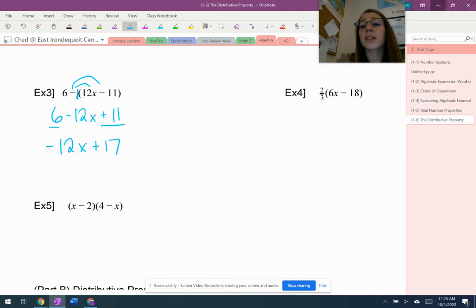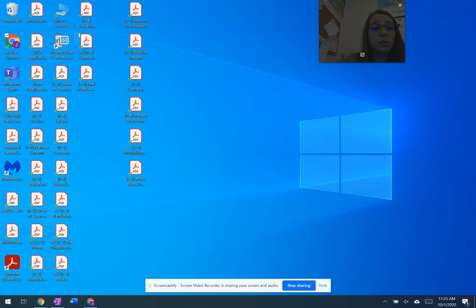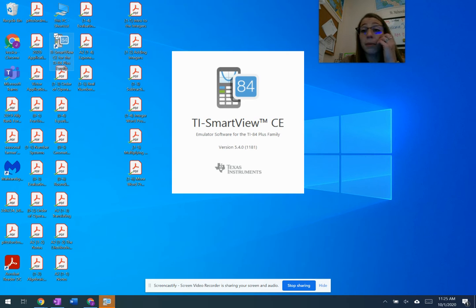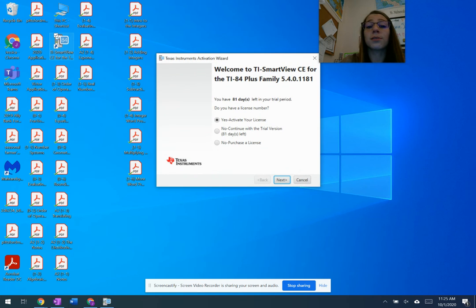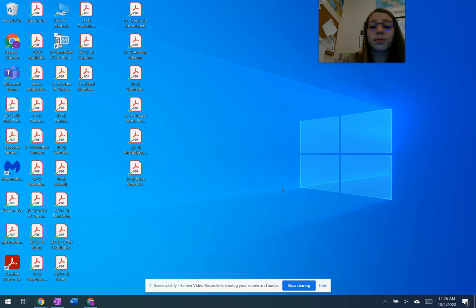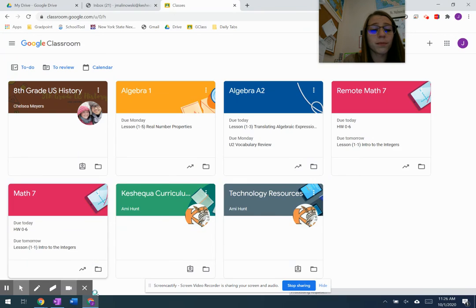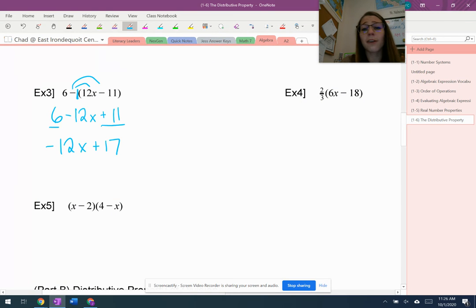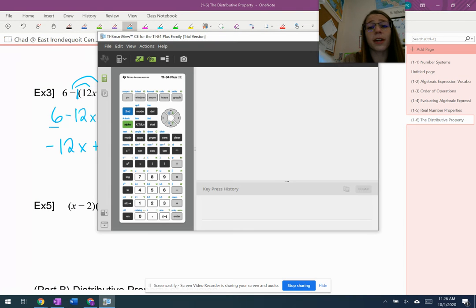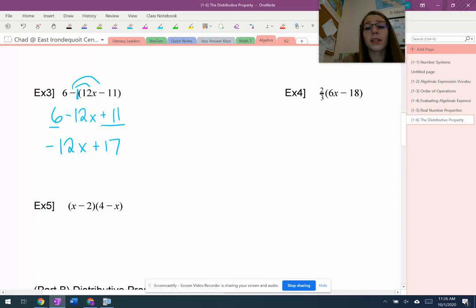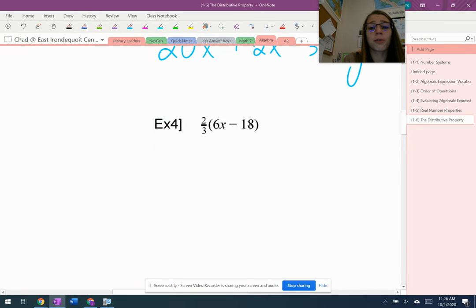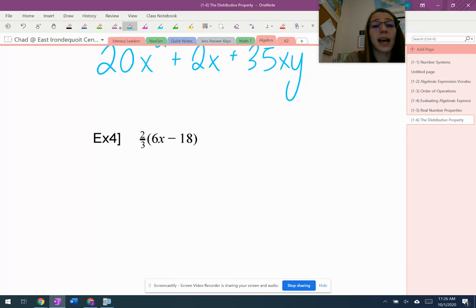So now for this example 4, you might be starting to have a little bit of anxiety over the fact that there's some fractions going on there. But no problem, that's why you have this fancy calculator that you can use. Our first thing that we're trying to multiply is we want to take that 2/3 and distribute it to that 6x.